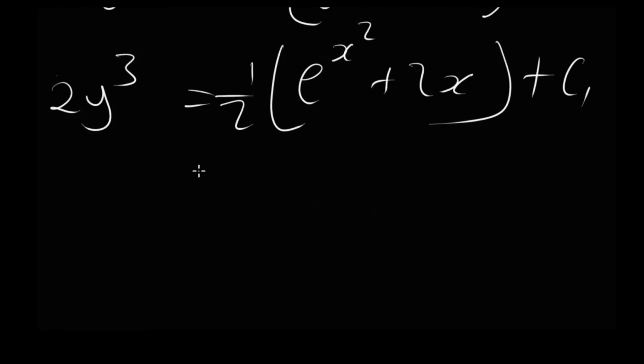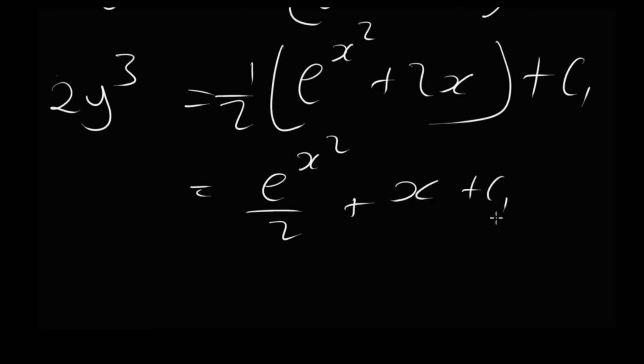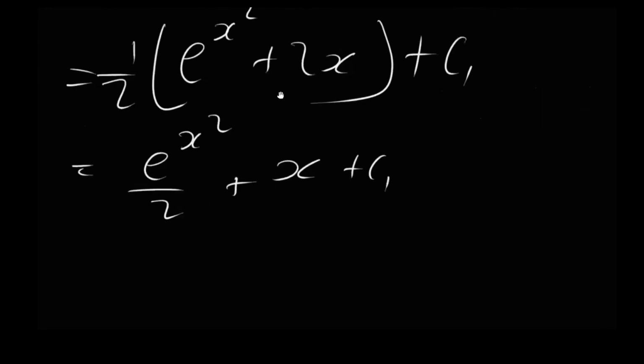So it will be e to the x squared divided by 2 plus x, and then plus C1. C1 also is supposed to have the 2, because it was inside the integration, not outside, so it's wrong to put it outside. So you consider it as C1 divided by 2.